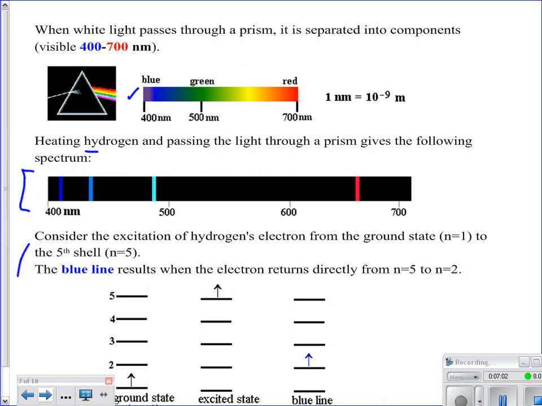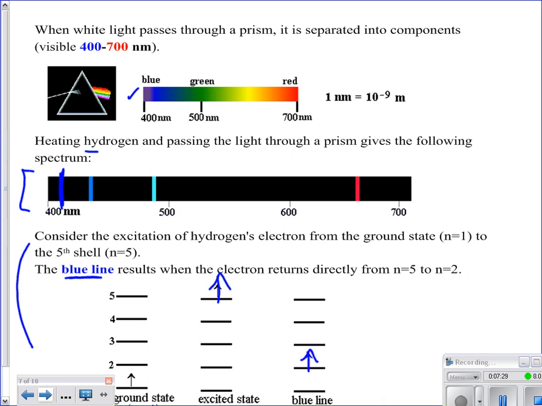So this little example that I have down here, by no means should you memorize something like this, and there's no way that you would know that it is a blue line that results. But right here, we have this blue line, so this might be an example of how that blue line is emitted. That you have an electron that jumps to a higher energy level, maybe the 5th energy level, and then it falls back down to maybe the 2nd energy level.